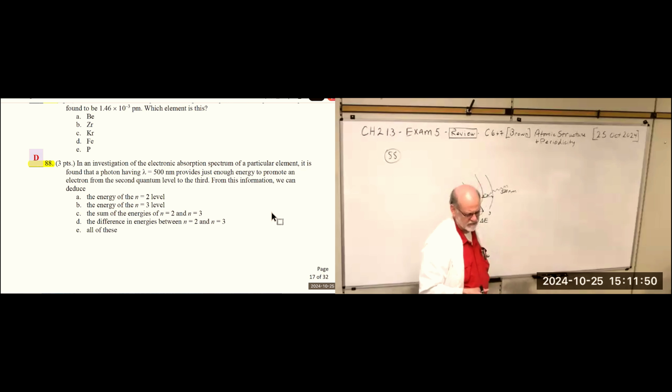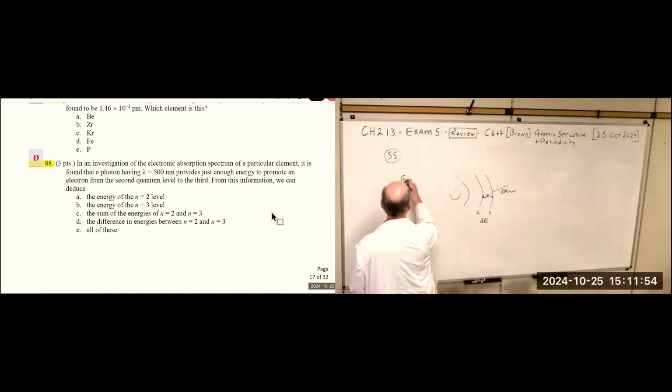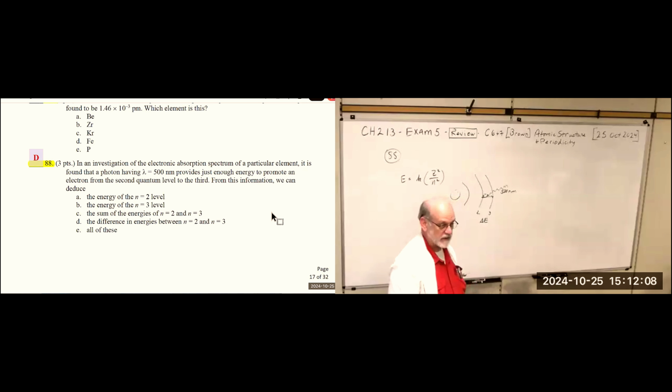I can't remember the constant involved. And then times the Z squared over N squared. So whatever that K value is, we can calculate the energy for each of the levels using this equation. And then the difference in energies would just be one minus the other.